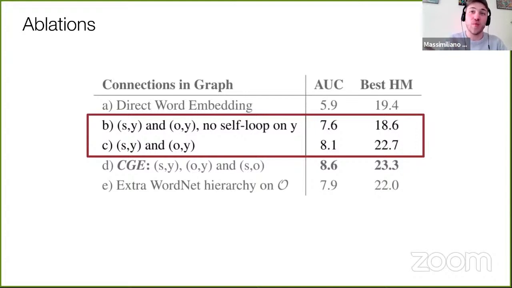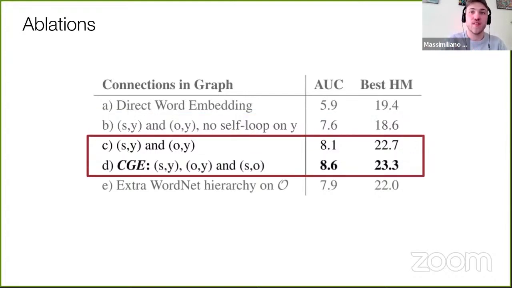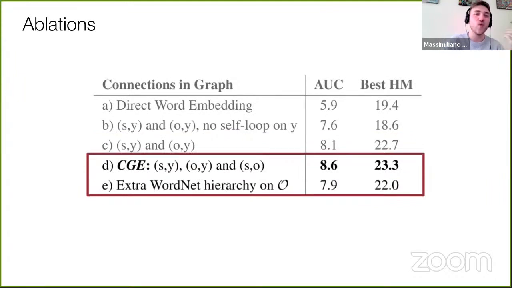The best harmonic mean grows. And if you include also the state-object connections, we have another improvement. And a cool thing is that we can even include other forms, like inferring our connections also from external knowledge, such as WordNet, for instance. But in this case, it didn't improve the actual results.